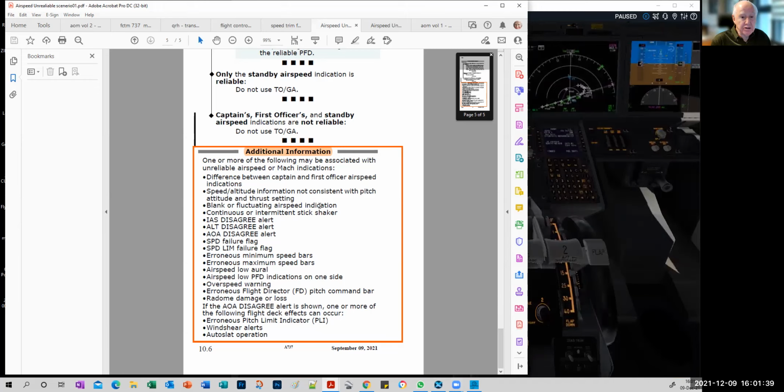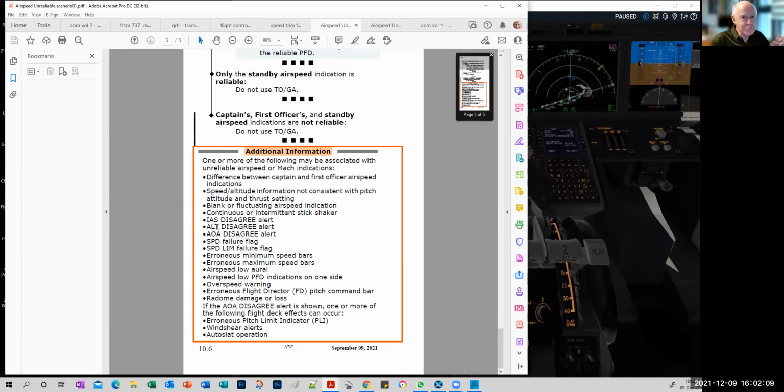Blank or fluctuating airspeed indication. Continuous or intermittent stick shaker. IAS disagree. We talked about it. ALT disagree. By the way, if you get an ALT disagree, the checklist says if it's in combination with an IAS disagree, then go to the unreliable airspeed checklist. It doesn't say memory items, it says checklist.